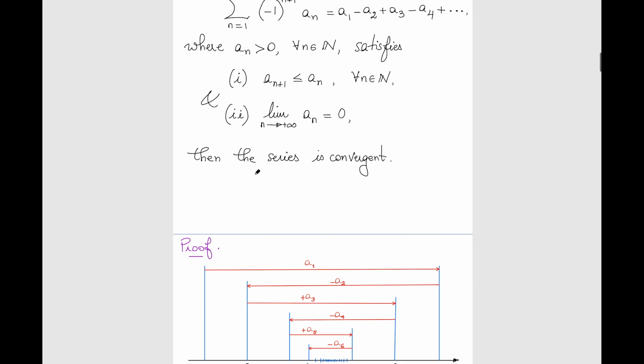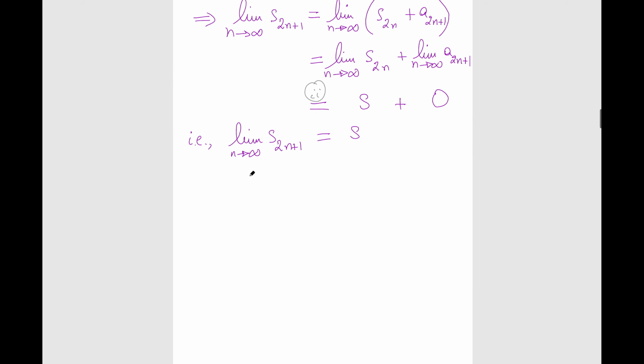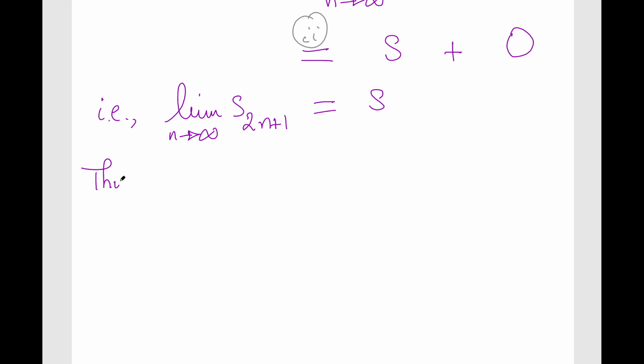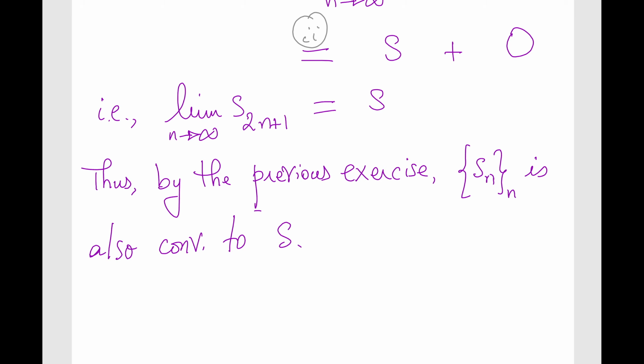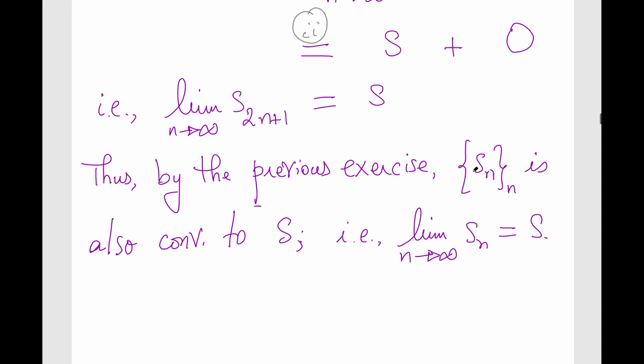Thus, the full sequence Sn is also converging to S, that is, the limit as n goes to infinity of Sn is S. And what's the limit of the nth partial sum sequence?